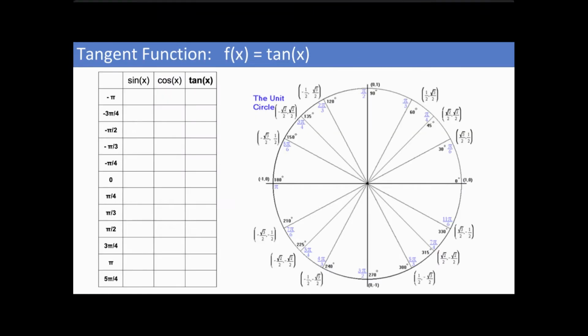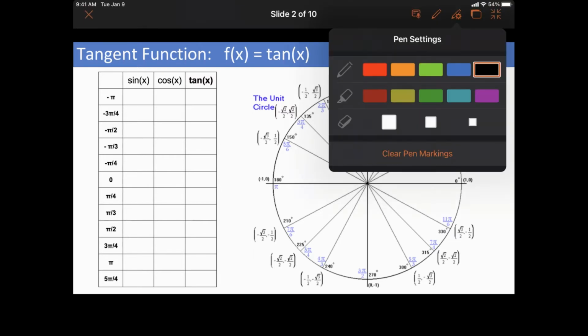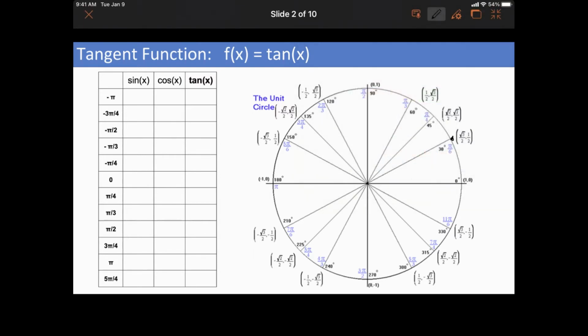So we're looking at the unit circle. And if we remember, every point on the unit circle is represented by a coordinate pair. In each coordinate pair, the x value is the cosine of the function, and the y value is sine. How do we figure out tangent?